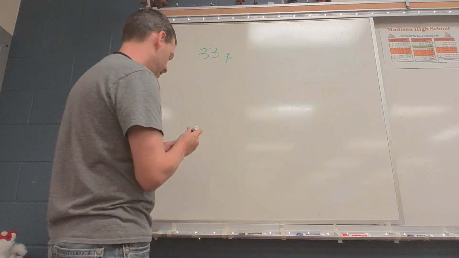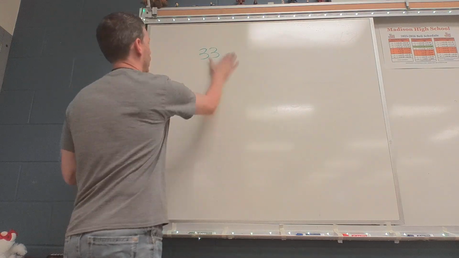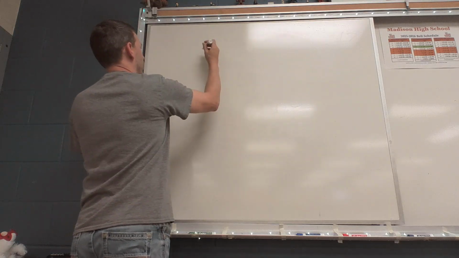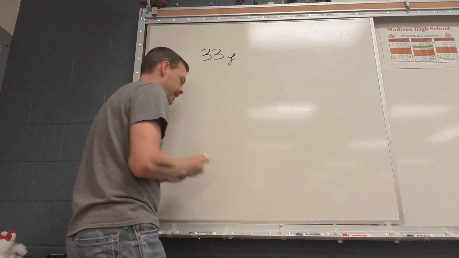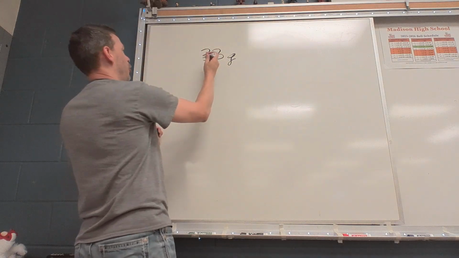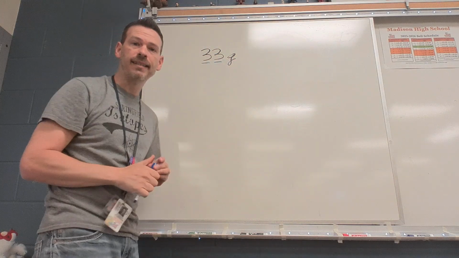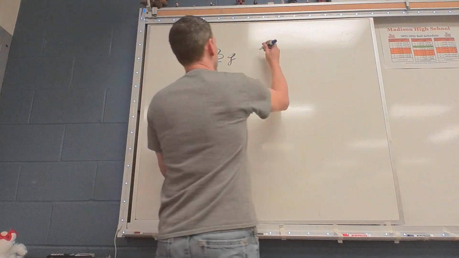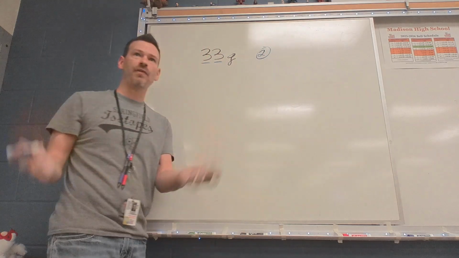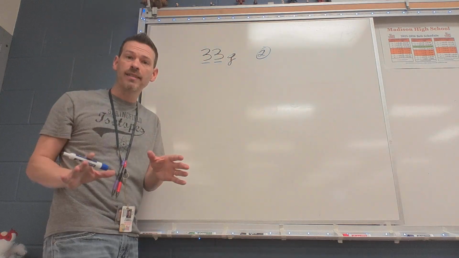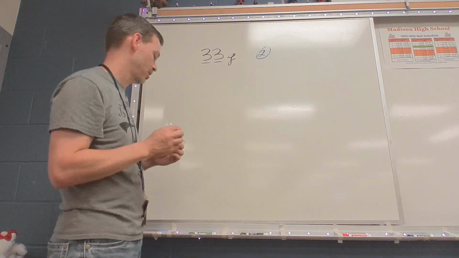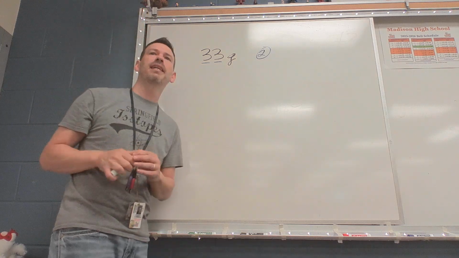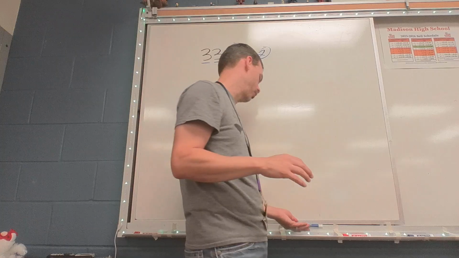In this case, we're dealing with two non-zero numbers, therefore 2 significant figures. The non-zero numbers are the easy ones. It's the zeros that cause us issues. But they're both significant because they're both not zero.